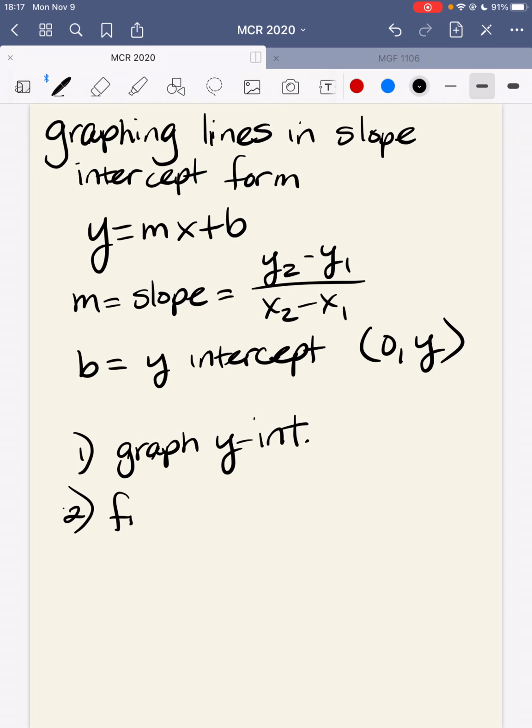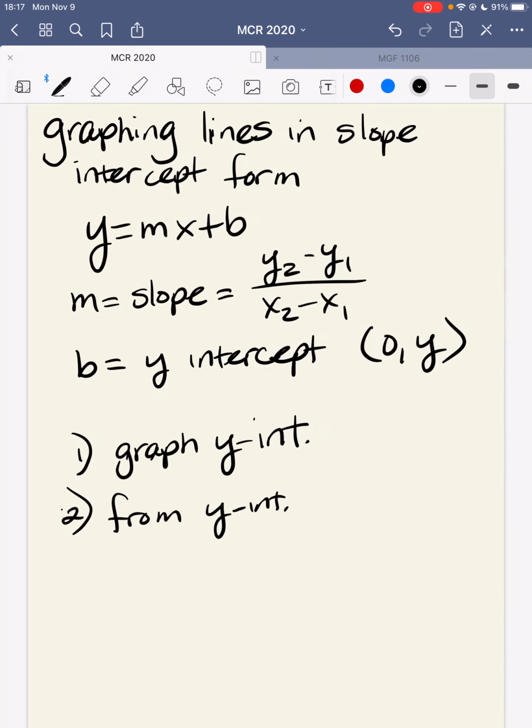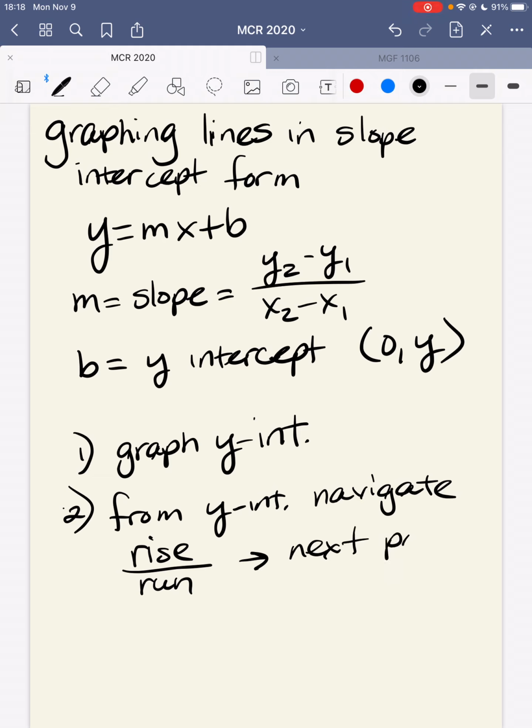And then from the y-intercept, we are going to use the idea of navigating from rise over run to get to our next point. And from there we can go ahead and graph our line.